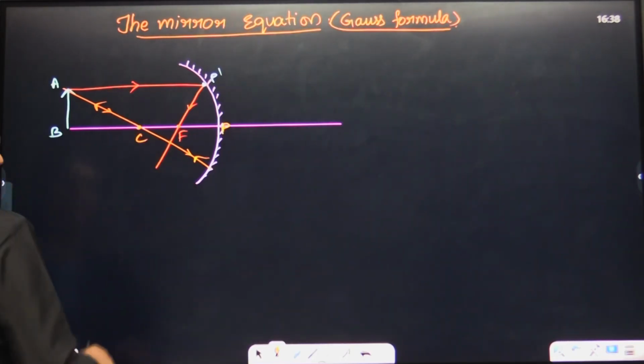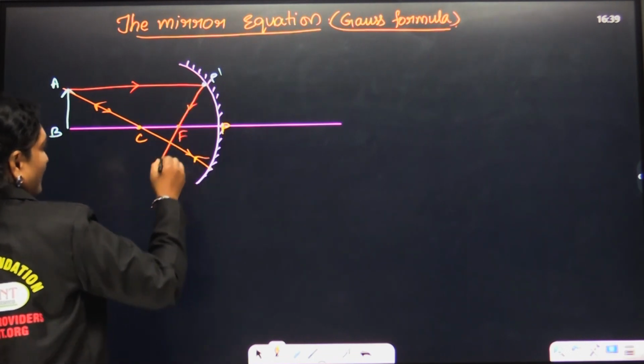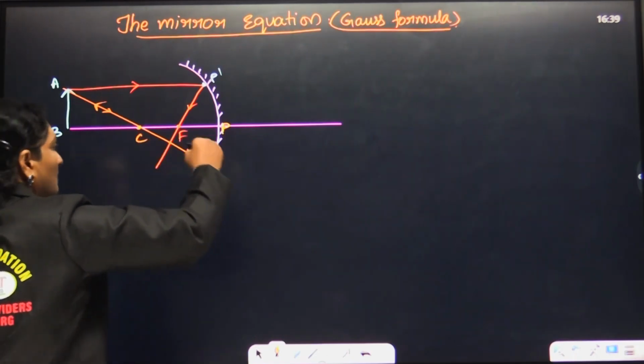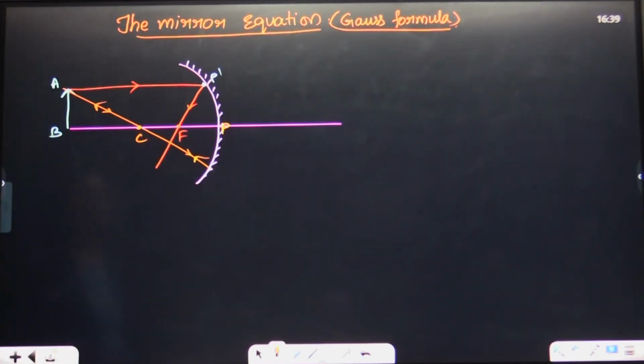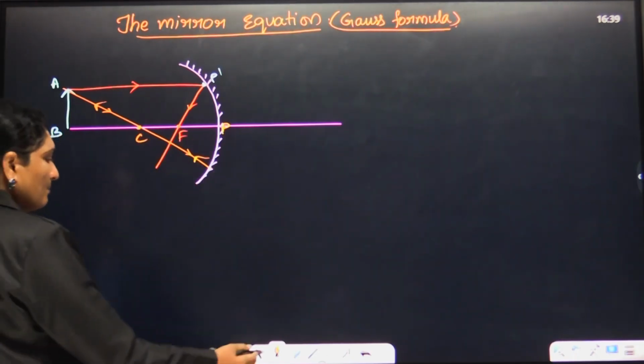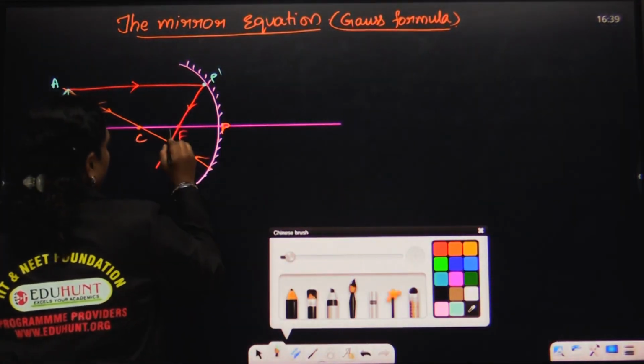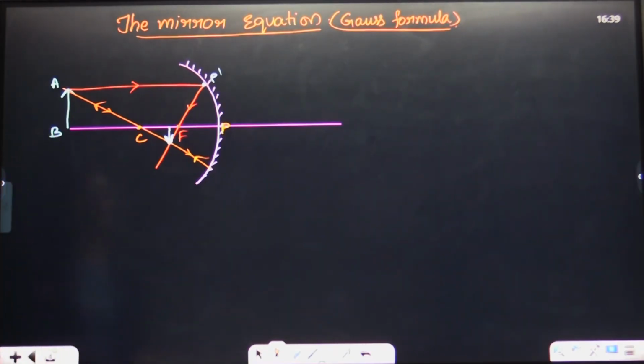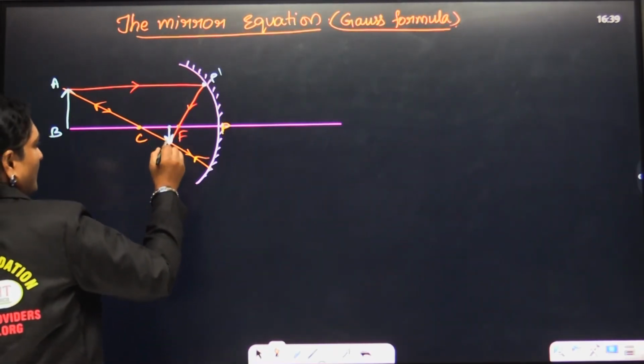The point at which the parallel ray after reflection and the ray passing through the center of curvature meet is where the image of the object is observed.